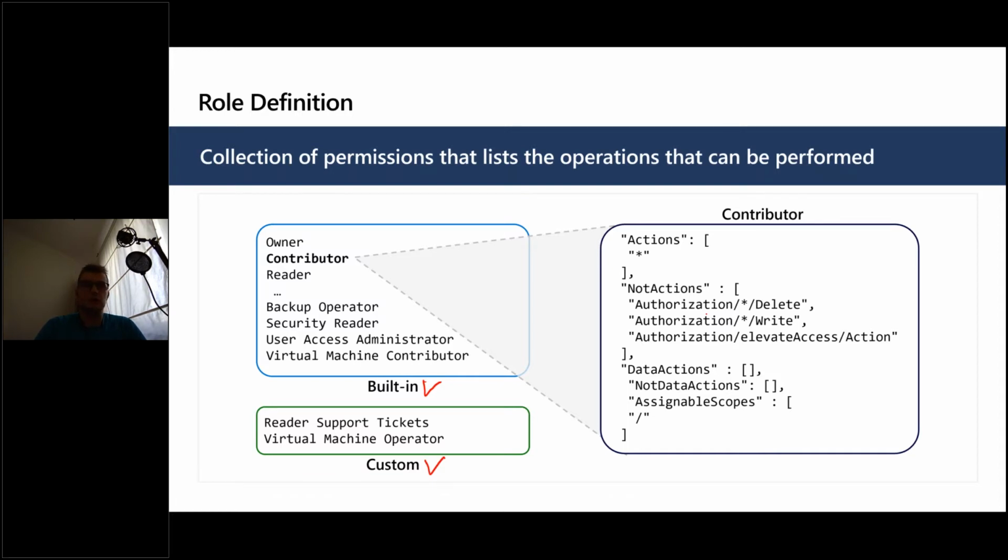The scope is defined in the assignable scopes here, and it specifies the scope, or scopes, to which these permissions apply, and that can be either subscriptions, resource groups, or any kind of resource, for example, within which the custom role is available for assignment. And then we can define either one or more, or two or three in this case.